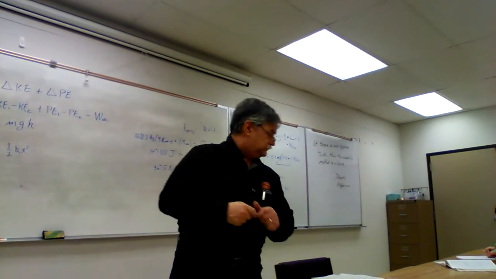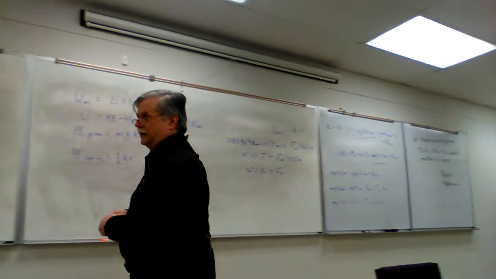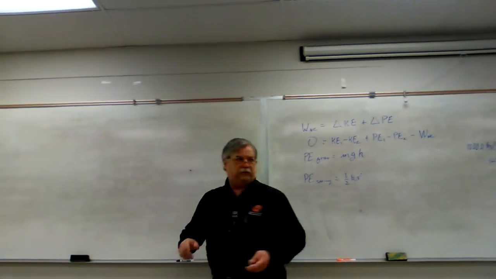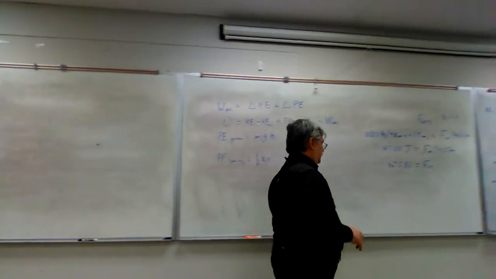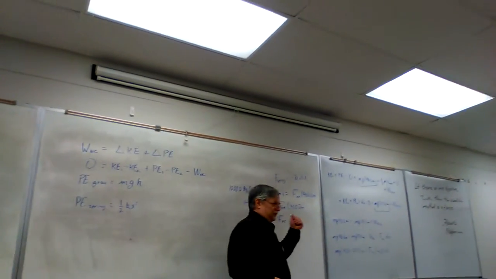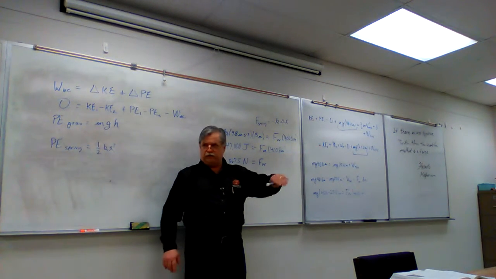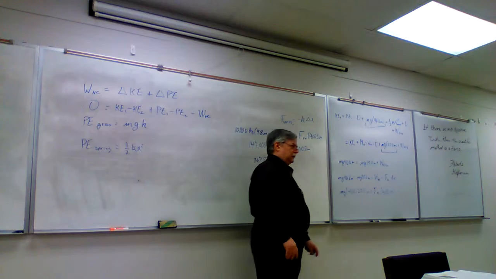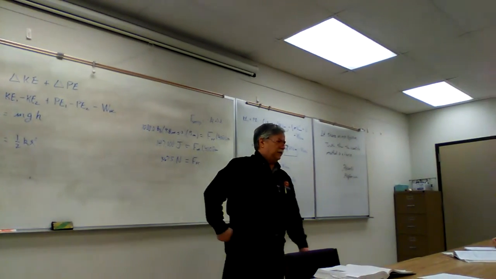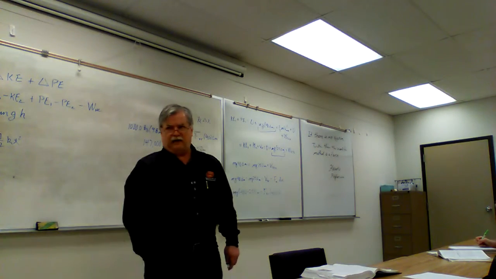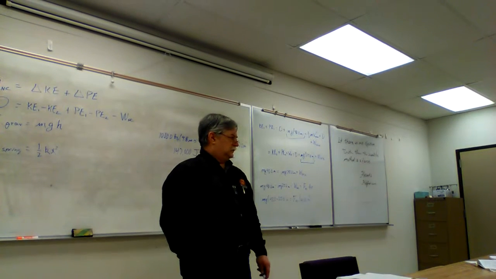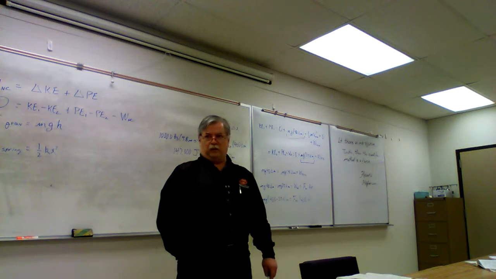Now, I want to point out to you something that you need to understand about this. This is an average force of friction over that 400 meters. Why can we not talk about that as though it were the instantaneous force due to friction at any point in time?